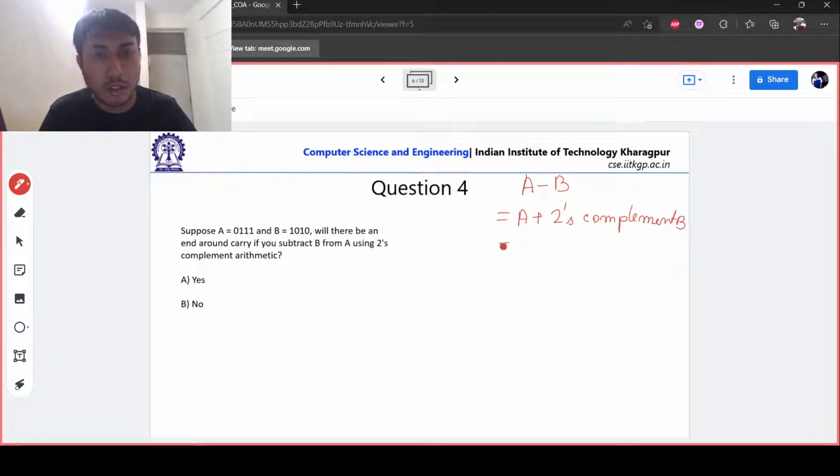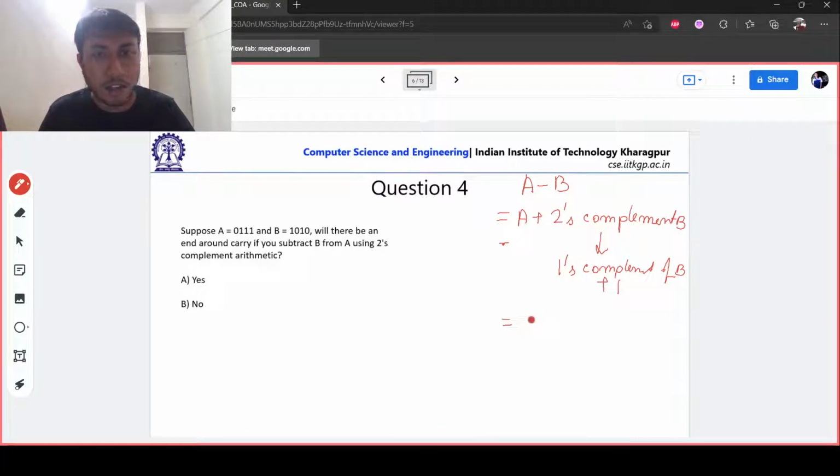2's complement of B is basically 1's complement of B plus 1.